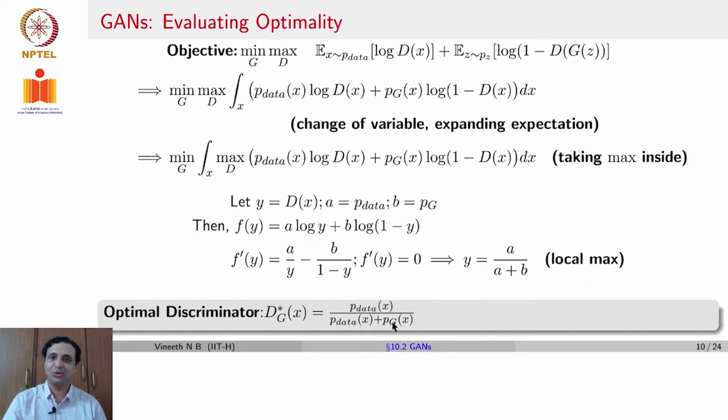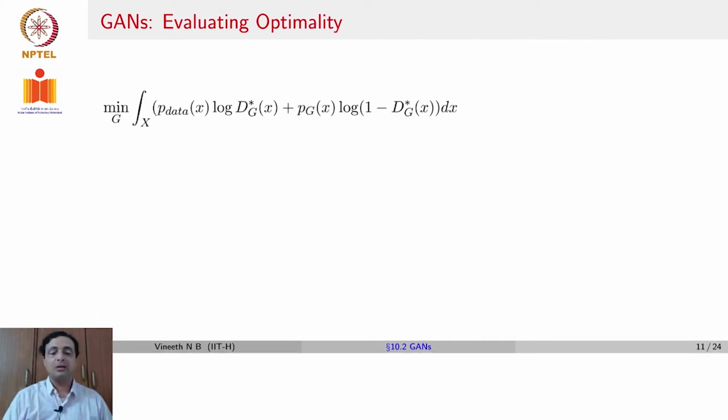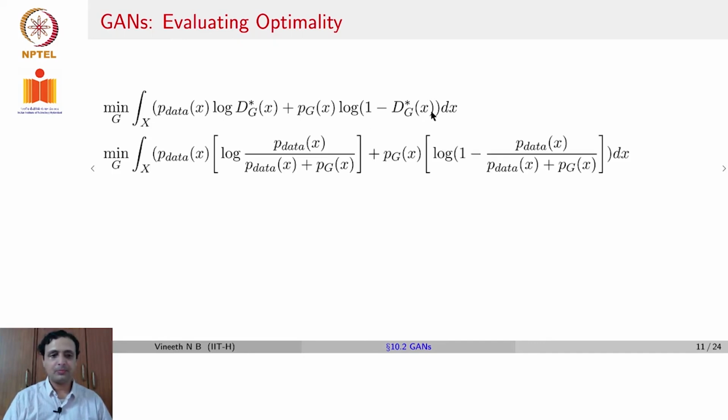That does not end the story for us, because we also have a generator to think about. Let's now look at the generator side of the optimality. So you have min over G of p data x log of the optimal discriminator. Let's assume the max over D has been evaluated and we substitute it inside the integral, plus p g of x log 1 minus D optimal of x dx.